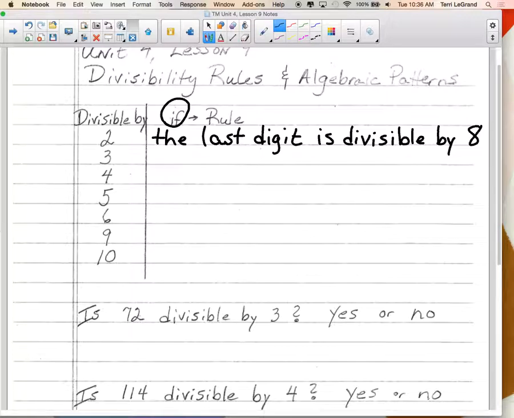Okay? How about the divisibility rule for 3? Anybody know that one? Okay. So this one is, if you add up all the digits, so we're going to say the sum of the digits is divisible by 3.